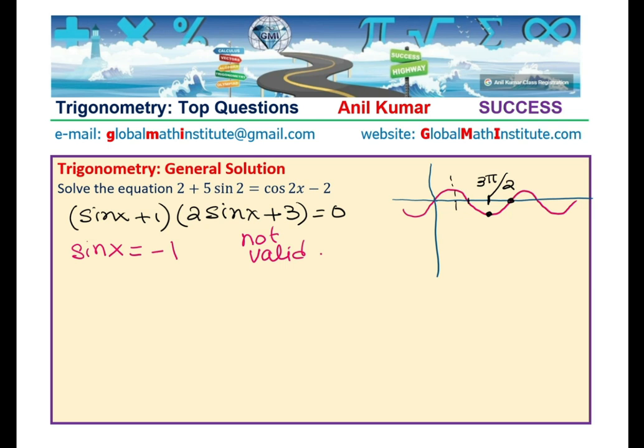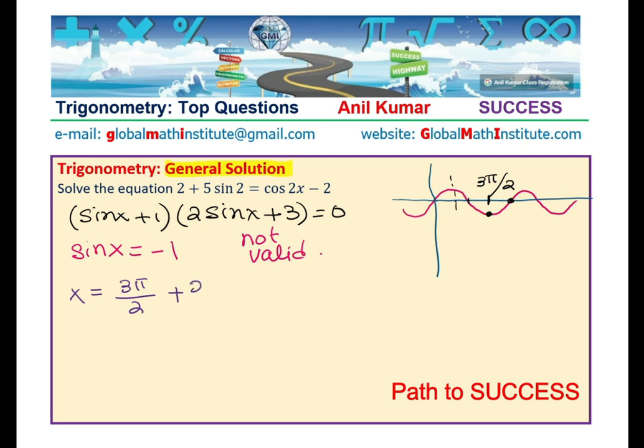We are interested in finding the general solution. So what should be the general solution? So we have x equal to 3 pi by 2 plus 2n pi, right?